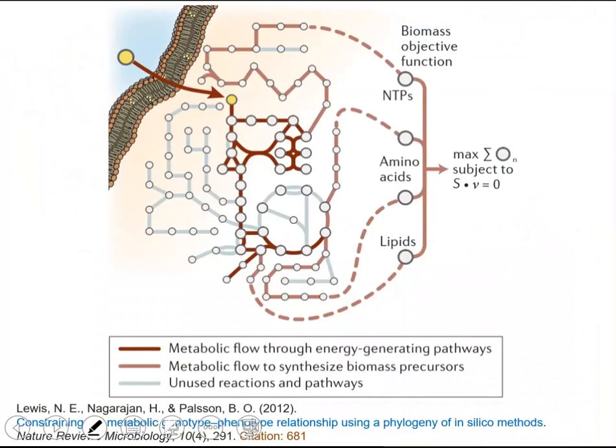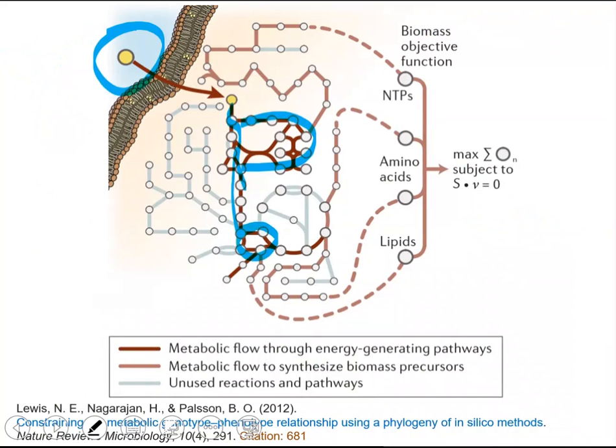So when we use biomass as the objective function to maximize the biomass reaction rate, what does it mean? The cell takes glucose from the outer environment and uses it via glycolysis or pentose phosphate pathway and TCA cycle, right?